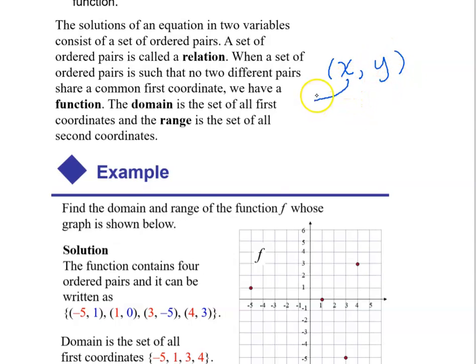X represents the domain, and y represents the range. Some other words that we use when we talk about x are input, y would be output.